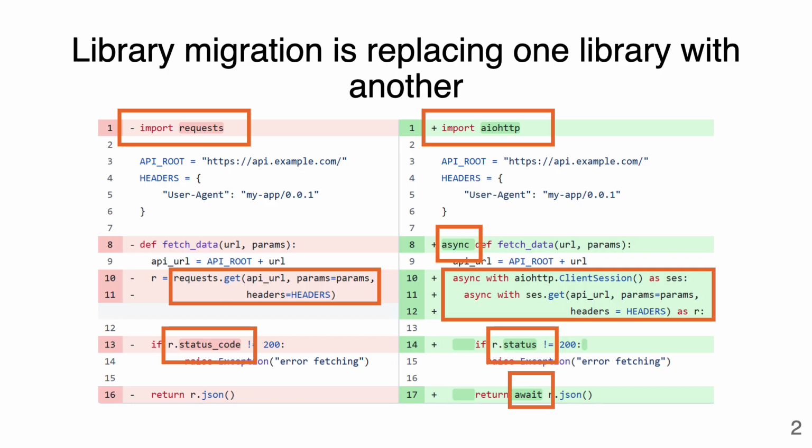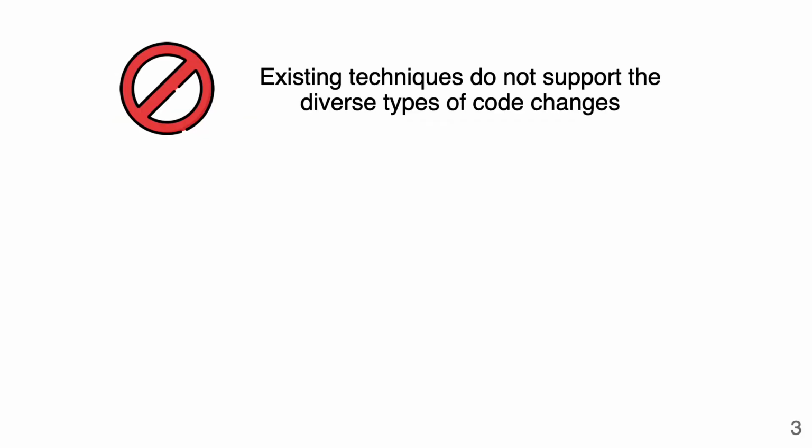The developer needs to understand both libraries. He needs to do API mapping to know what functionality maps from one library to the other, and actually do the code change. In the literature, techniques that looked at automating this process either stopped at API mapping, because it's a complicated multi-step process, or the ones that do attempt full automation don't support the diverse types of code changes that come into play when you do a library migration, or they do it for a specific subset of libraries.